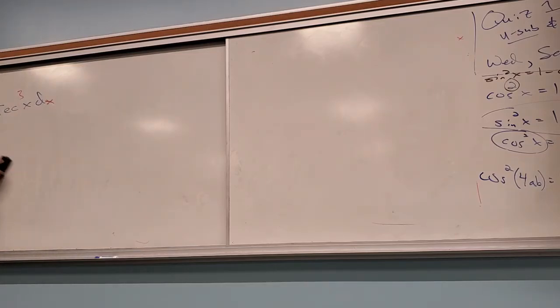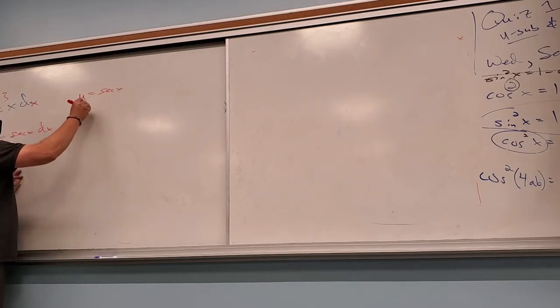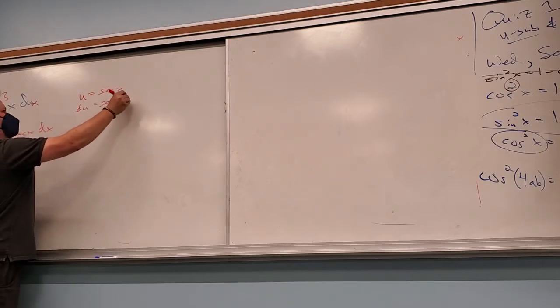So let's do this with that in mind, where I break this up again. If I let u equal secant x, then du is secant x tangent x.